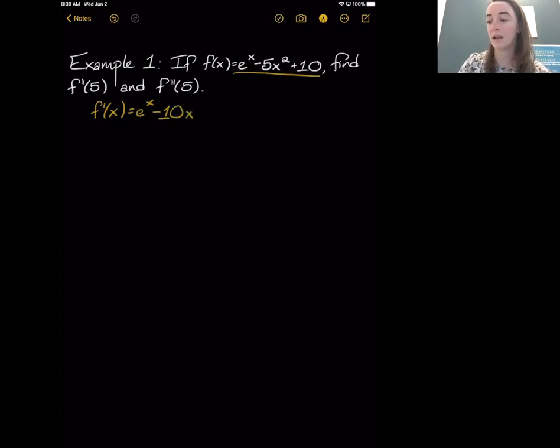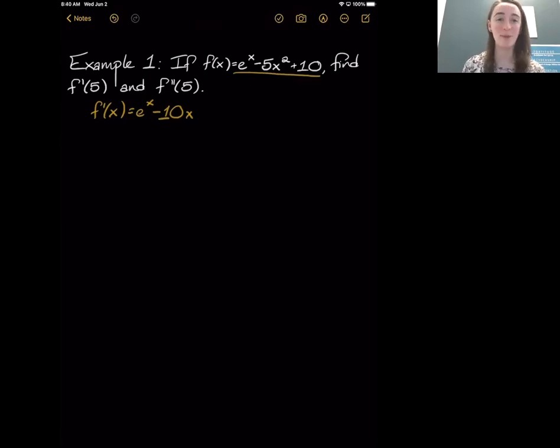And then decrease our exponent by 1. So this is just x to the first, or plain old x. And then the derivative of 10 is a constant, so that's a 0. So we can just leave it off. Great. So this is our formula for f prime, the first derivative for any x value.